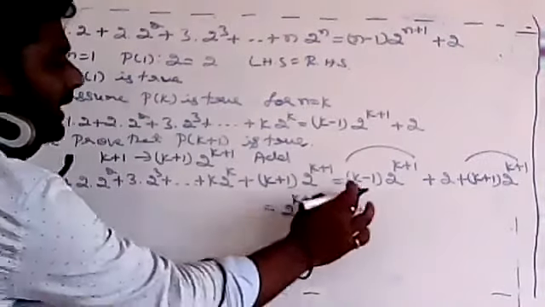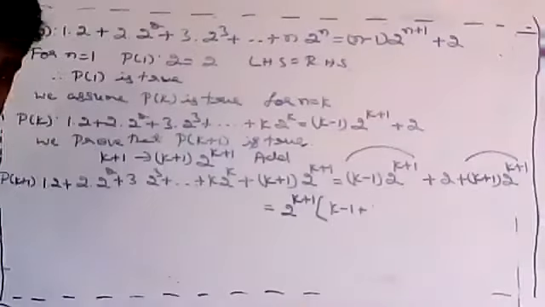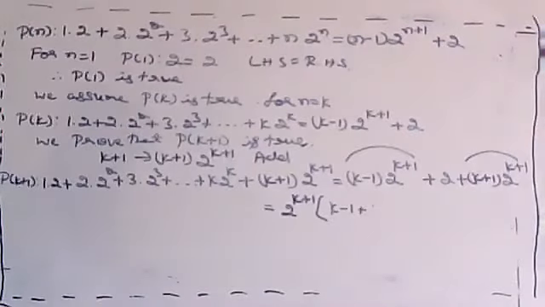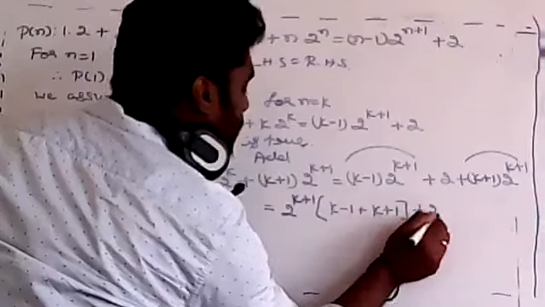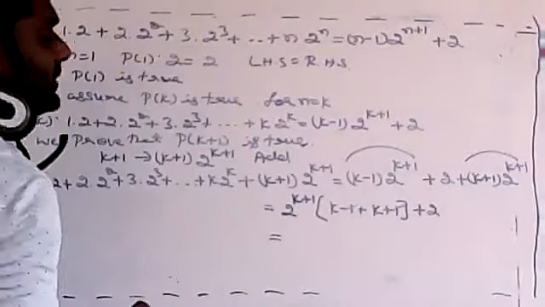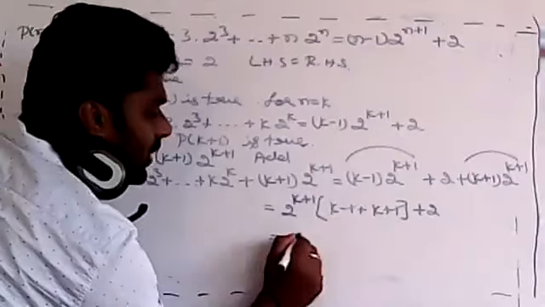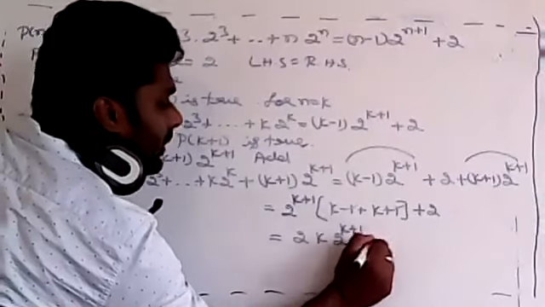Remaining is k minus 1 and k plus 1. Plus 2 is outside. So here minus 1 and plus 1 get cancelled. Remaining is k plus k, which is 2k. 2k into 2 to the power of k plus 1 plus 2.